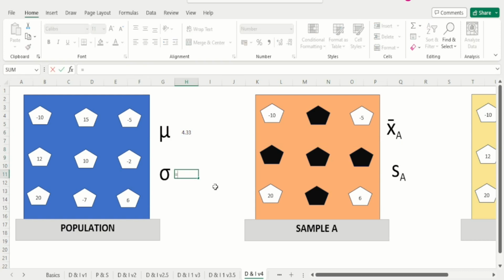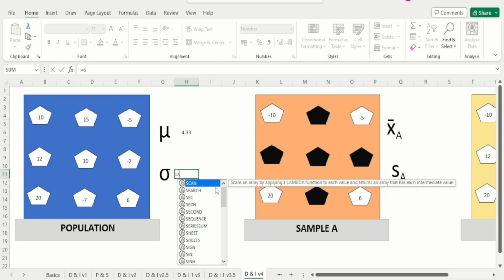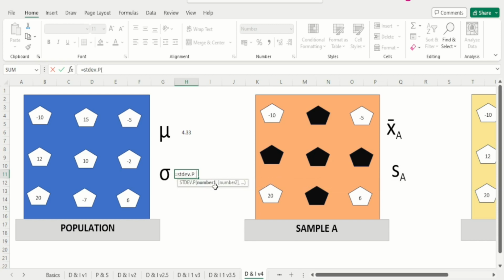Now let's go ahead and generate the standard deviation of this. Since this is a population that you see, it is -10, 15, -5, 12, 10, -2, 20, -7, and 6. There we are. So as you can see, in this case, the standard deviation that we're getting is 10.08, right?